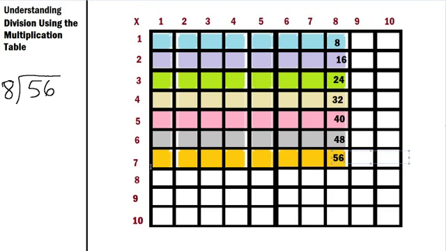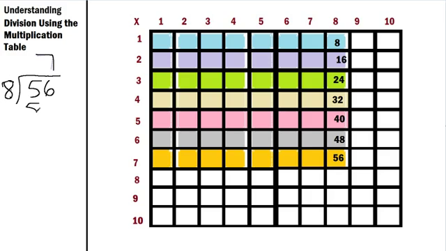And so then we have our 56, we have 7 groups. Okay, so we have 7 groups. 7 times 8 is 56.